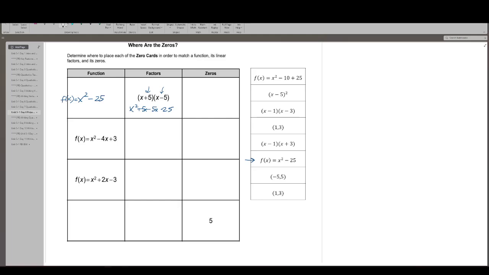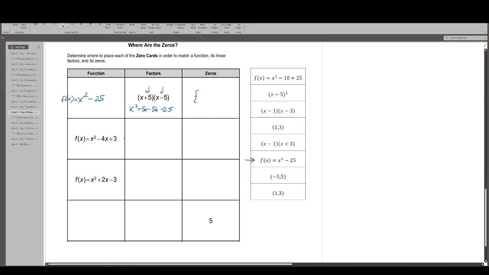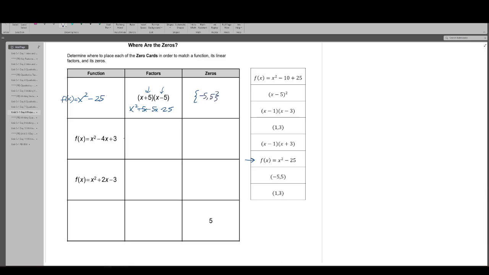When we're writing multiple solutions, we're going to treat it the same way we did for a discrete domain or range, which is to put the curly brackets and then list them from smallest to biggest. That's how we write a set or a list of numbers. So we'll put -5 and 5 in curly brackets here.